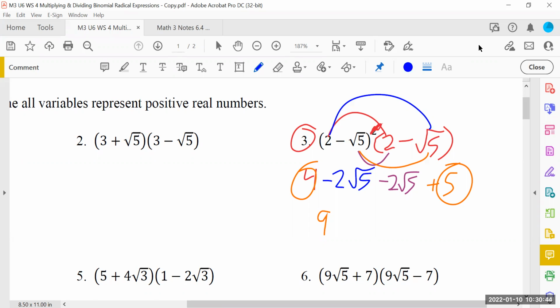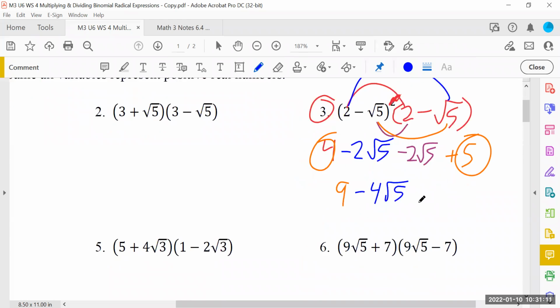Rasan Preet, what's the one other thing I can put together here? And what does that make? That's perfect. -4 root 5. Does that make sense to everybody? -4 root 5. Everybody okay?